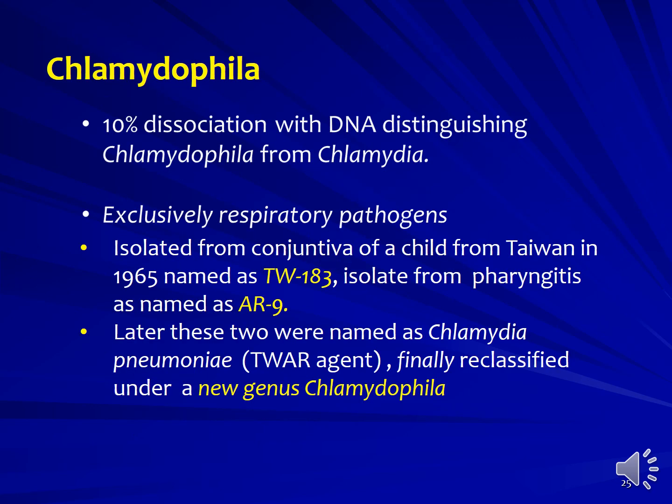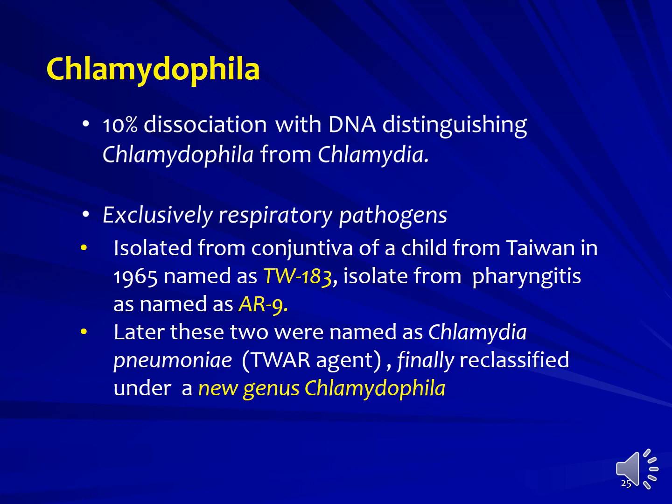Members of this Chlamydophila were isolated from the conjunctiva of a child from Taiwan in 1965 and named TW-183, and an isolate from pharyngitis was named AR-39. These are the two important serotypes isolated from two different areas.